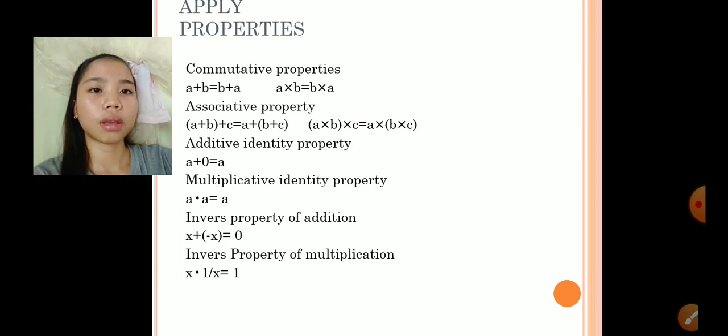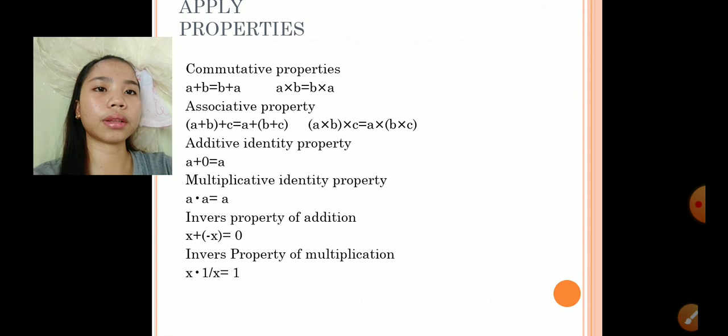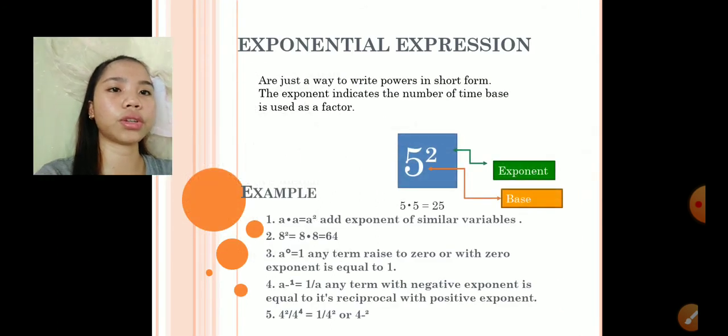The examples are easy to understand, so no need to explain further. Okay, let's proceed to the exponential expression.